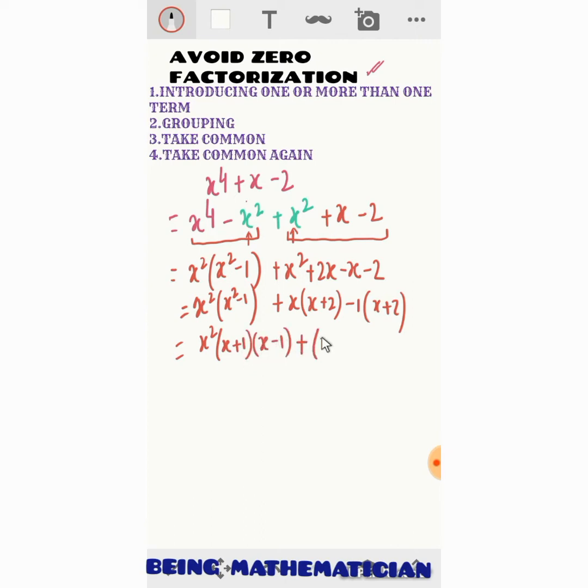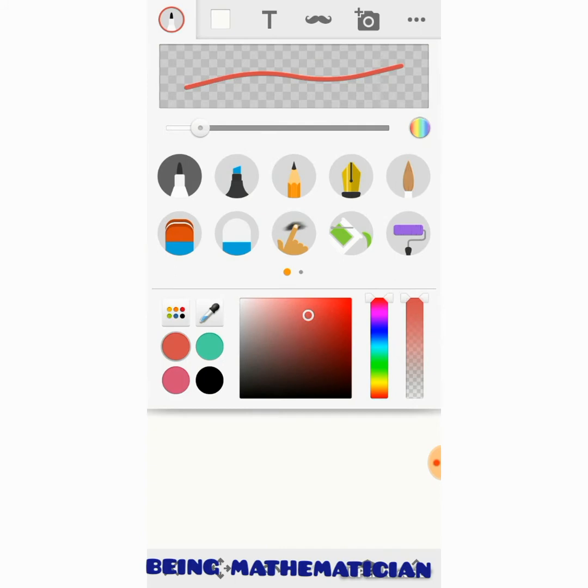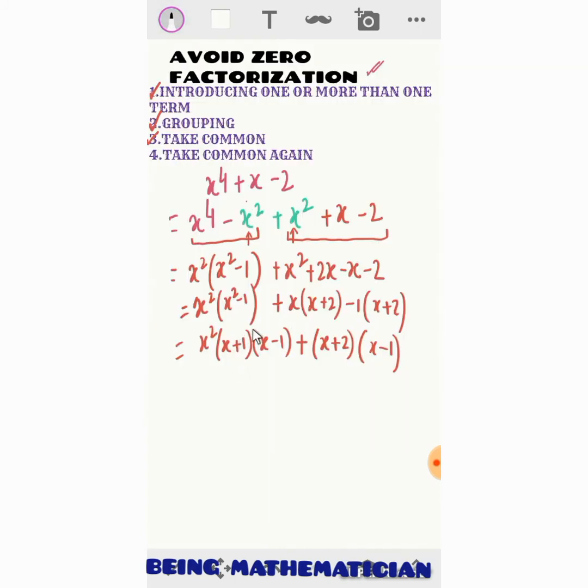And now we completed the first two steps, and this is common, and the last step is take common again. So here we clearly observe that this term is common from both of the expressions.